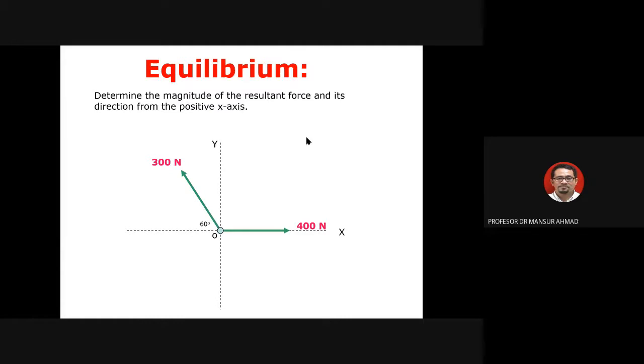Again, this is a good example for a start, for you to understand how to do this. In statics, the difference between this class and the basic mechanics in physics that you had before is that you are using the equation of equilibrium.